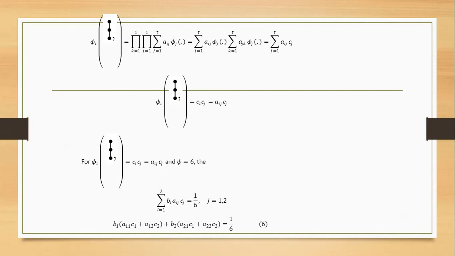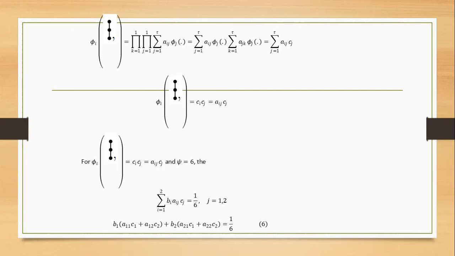Then if I expand it, since I'm now having two variables, or I can say 2 terms, I have i and I have j. Then I keep one variable constant and I vary the other one. If my i is constant at 1, then I have b1 times a11 c1 plus a12 c2.